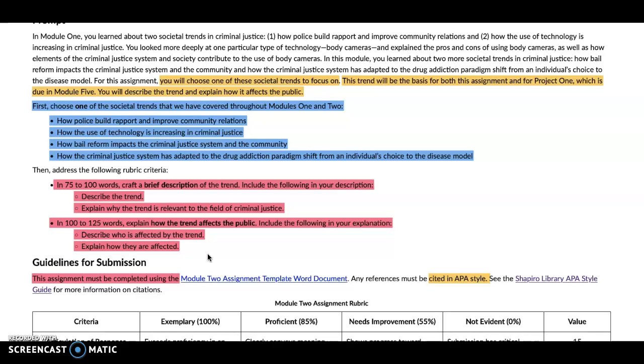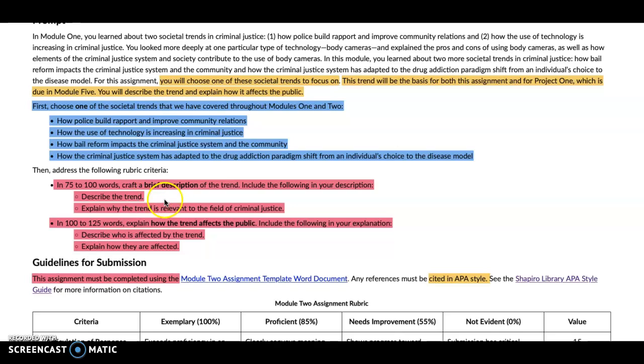All right? So keep in mind that your responses have to be a minimum number of words in order to potentially gain full credit for those responses. All right, so that's what you're looking for here. So again, what you need to do is make sure you follow each of the specific criteria under brief description.